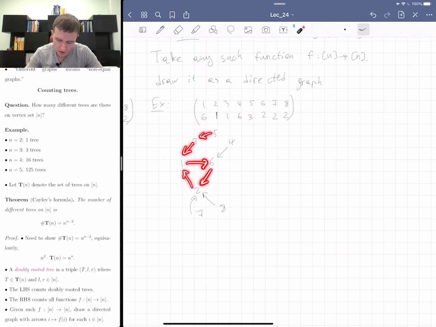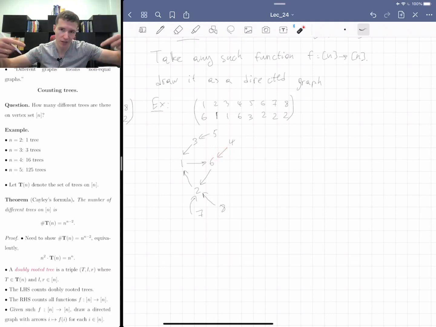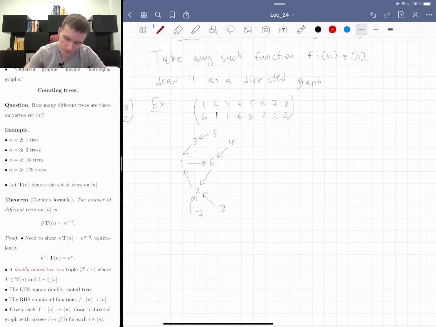So there are still going to be maybe several cycles of different sizes, but each cycle is going to have some branches coming into that cycle, which is very easy. Every vertex can have an arbitrary number of incoming arrows, but each vertex has exactly one outgoing arrow.